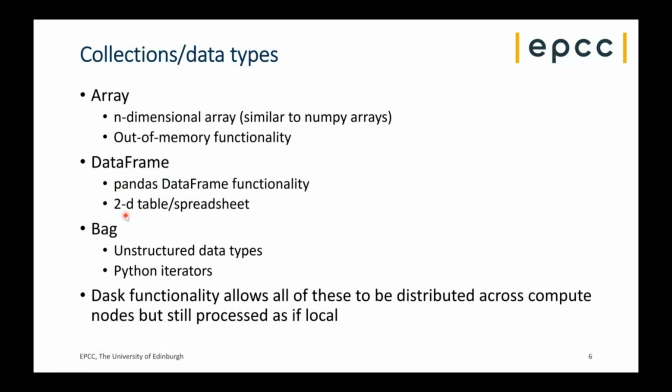And then they have a third data type called a bag, which is designed for a bit more unstructured multi-type style data, which wouldn't really fit easily into a data frame or an array, because it has different kinds of data within it, because it has irregular structure and these kind of things. And what Dask gives you is lets you build these structures and then distribute them across a set of compute resources, and then get the results back from them in different ways.